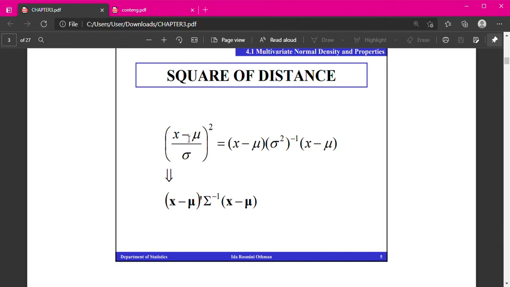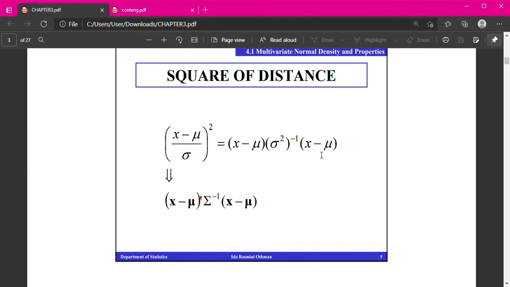The variable minus its mean divide dengan its standard deviation. Ini adalah value of z daripada standard normal table, dan kita squarekan dia. Dipanggil square of the distance. This value sama juga dengan this, kan? X minus mu, di sini sigma square inverse. So dapatlah dengan this one.